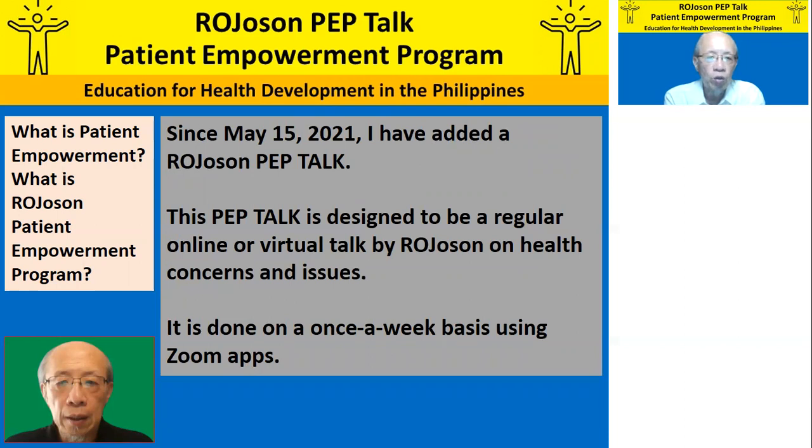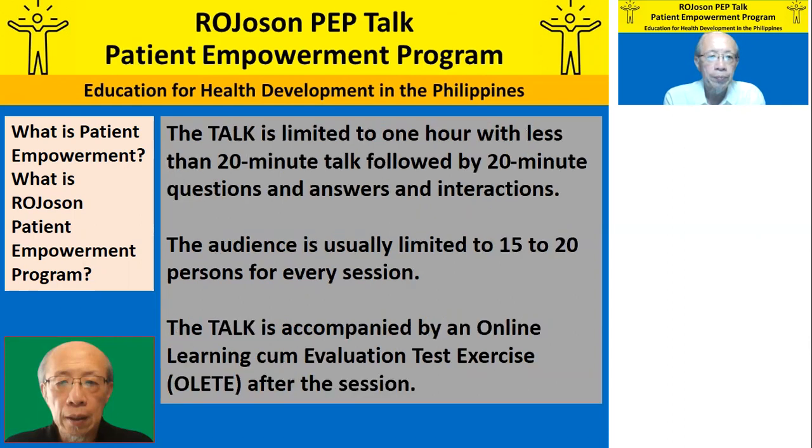Since May 15, 2021, I have added a ROJoson PEP Talk. This PEP Talk is designed to be a regular online or virtual talk by ROJoson on health concerns and issues. It is done on a once-a-week basis using the Zoom app.